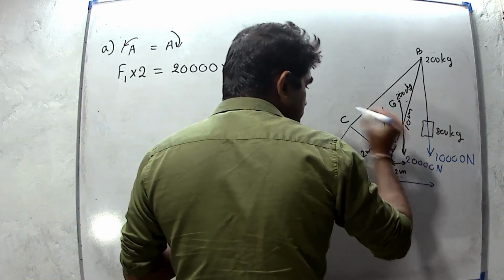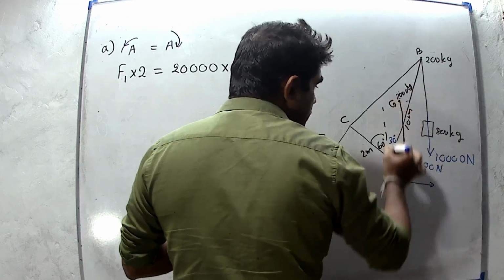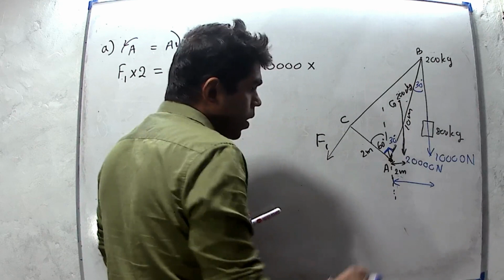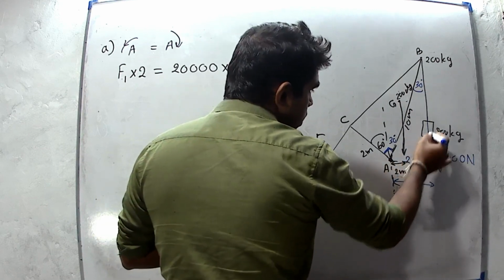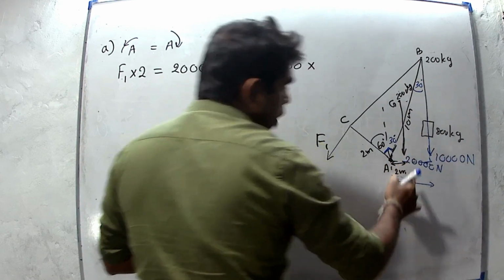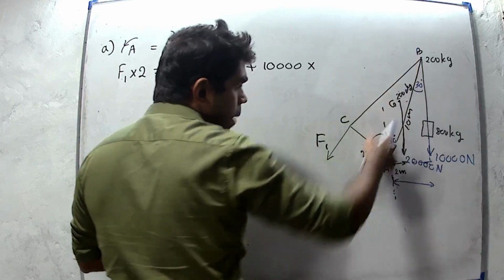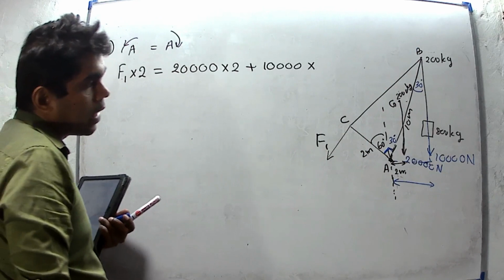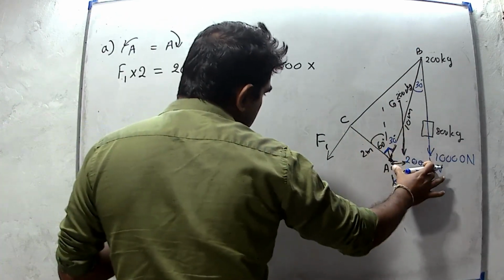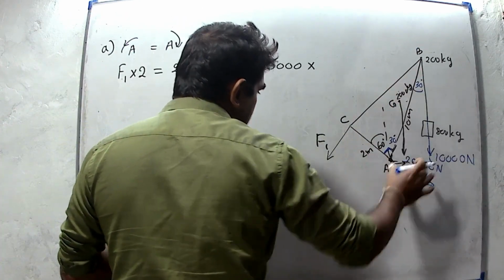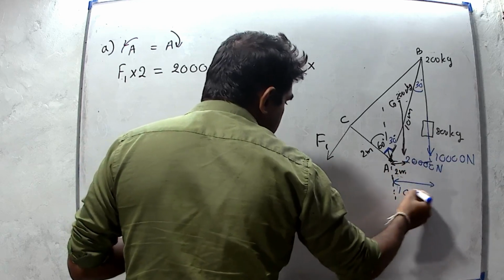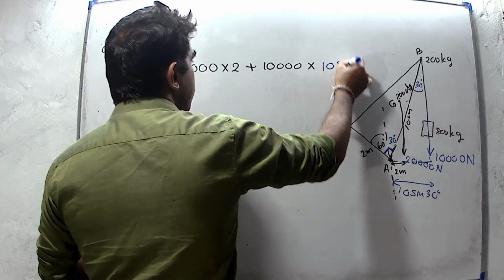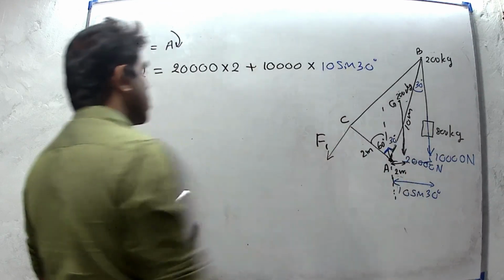We can consider alternate angles, so this angle is also 30. Then we can consider this triangle. We have to find the opposite side. Hypotenuse is 10 meters. Sin 30 equals opposite divided by 10. Then opposite is 10 sin 30. It is the perpendicular distance.